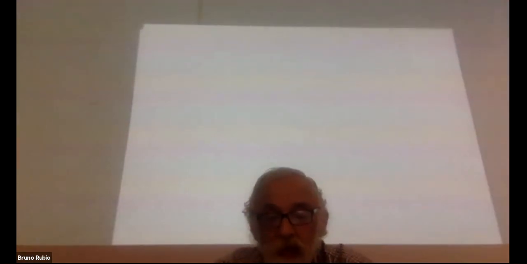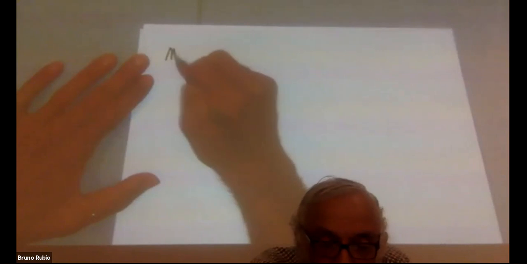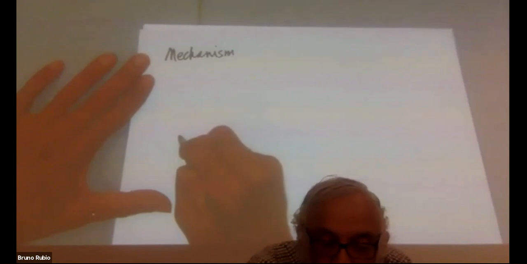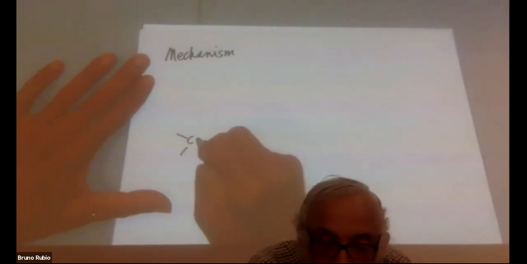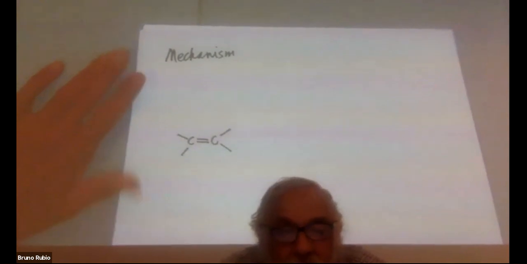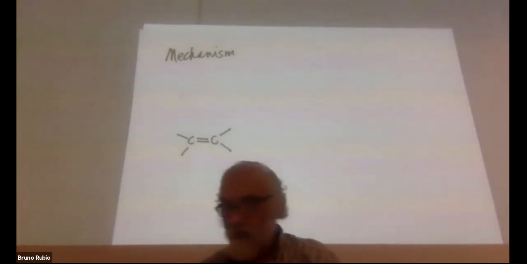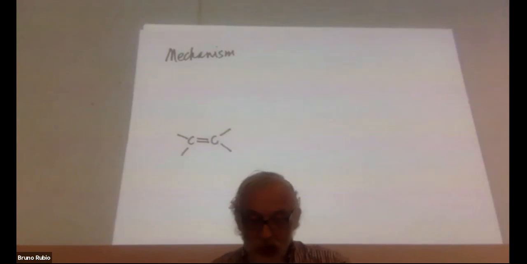It's one step, but it's complicated. Mechanism. So here is the alkene. There's the alkene. And the peroxy acid hovers menacingly above the alkene. Okay, so let's see, just bear with me for a second here.